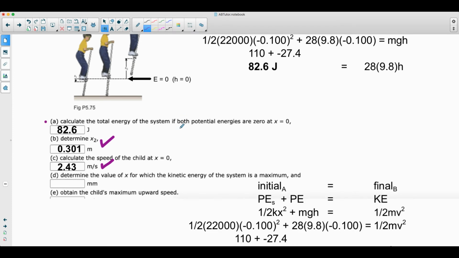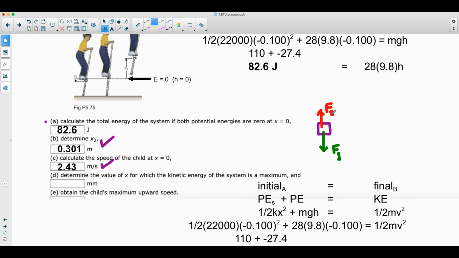Let's draw a free body diagram for part D. The free body diagram looks like this. Here's the jumper. Now, he's got, sorry, 2 forces acting on him. He's going to have FG and Fs.